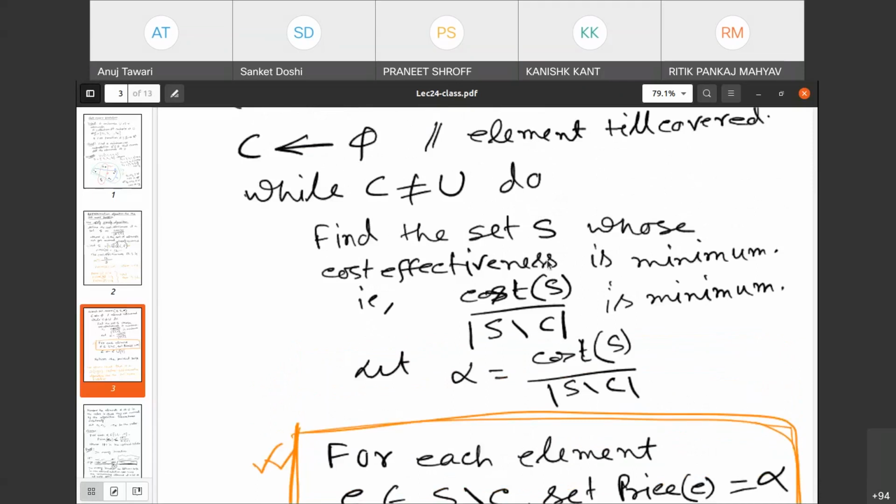How are we going to analyze the quality of the solutions we are going to get using this algorithm?